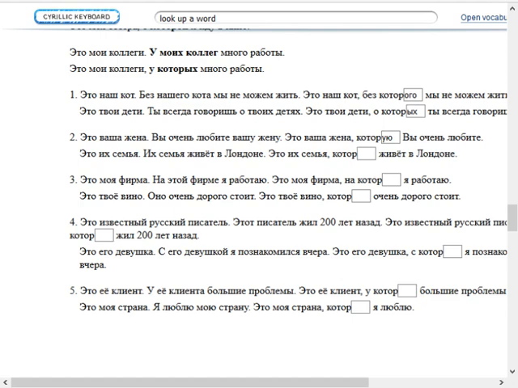So, семья is... even though the family is them, I believe it's treated as feminine, because it's grouped under this word semya, which is a feminine noun. And since the family is the subject here, the family is living in London, I believe this is nominative.